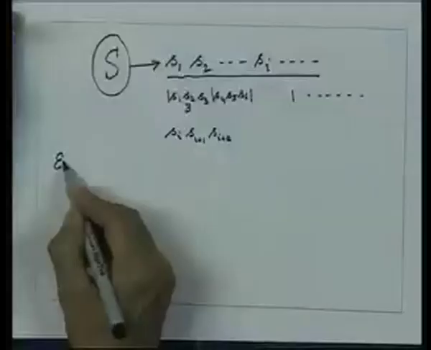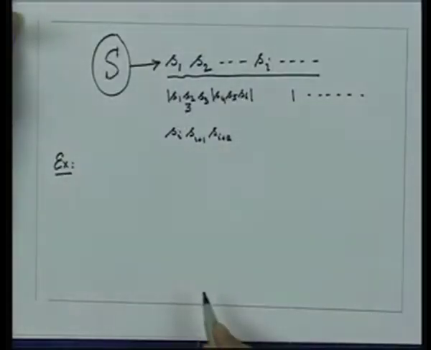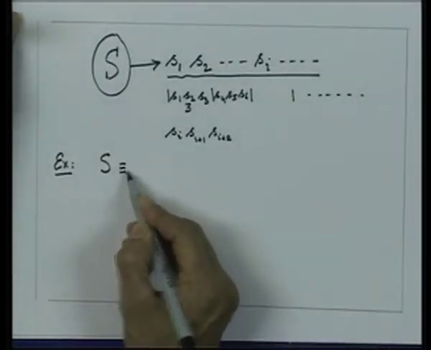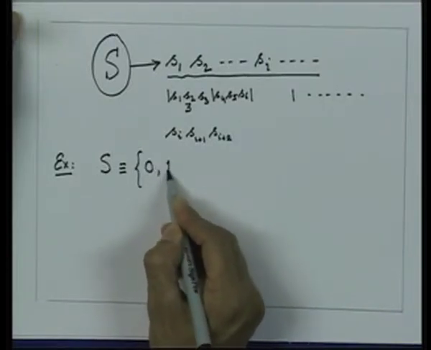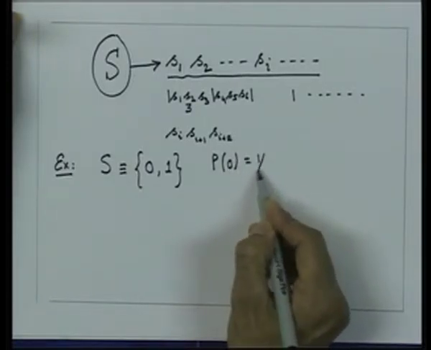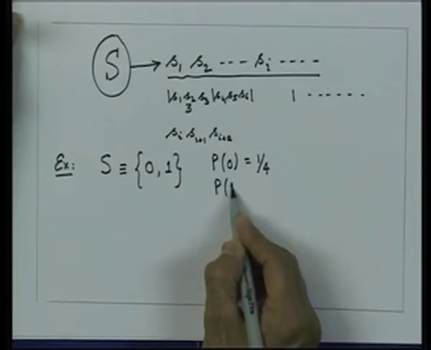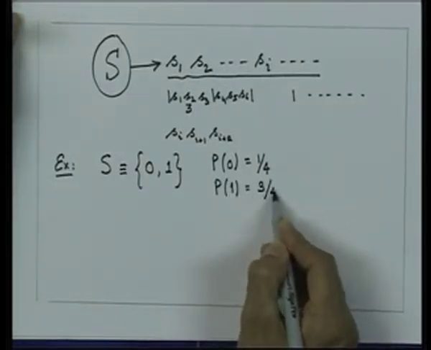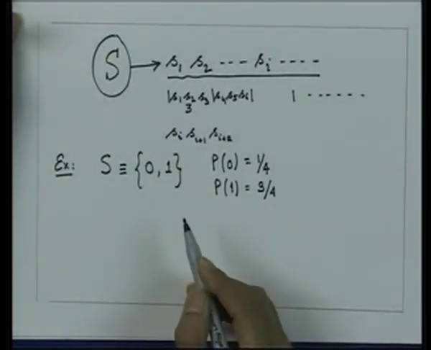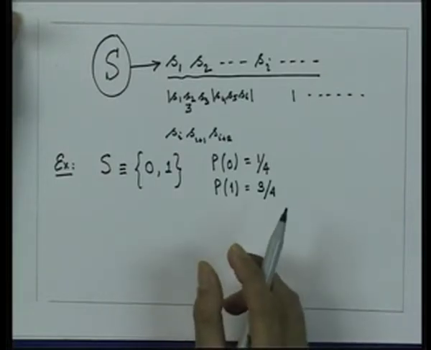Let us look at this example a little more specifically. I consider the previous example for which we calculated redundancy. I have a source given by the source alphabet 0, 1, with probability of 0 as 1/4 and probability of 1 as 3/4. Now, the output sequence from this source S will be looked at in terms of blocks of length 3.